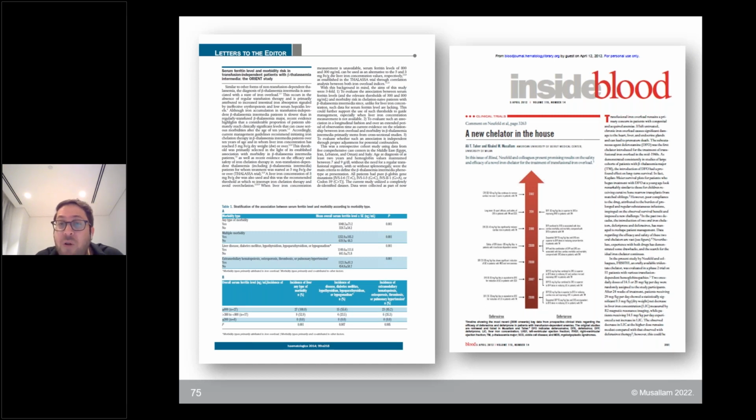This one on the right, for example, is an editorial. We were invited with a colleague to write an editorial about a new iron chelator that the clinical trial was published in the journal Blood. So they asked us to write an editorial, and we just call it something interesting, like the new chelator in the house. And we wrote about the history of chelation and then how this new advance is important to patients and so on.